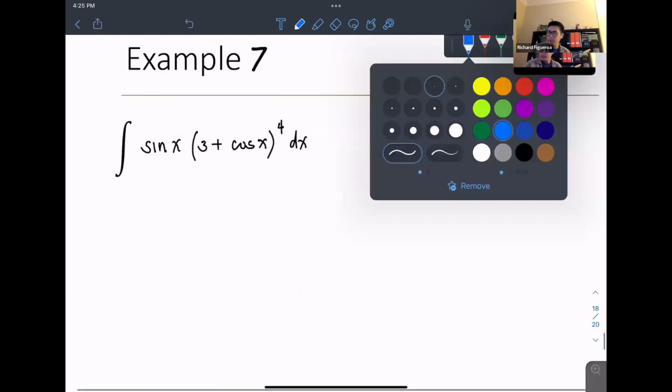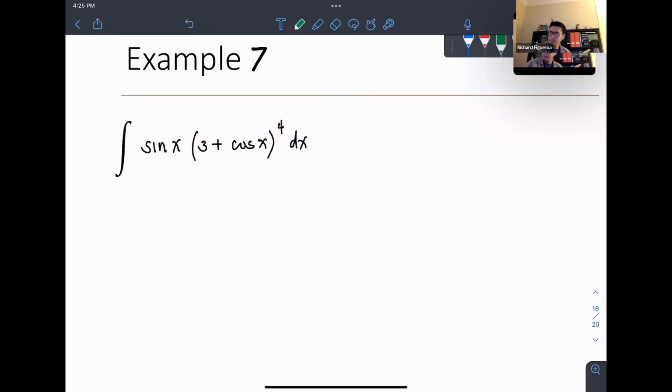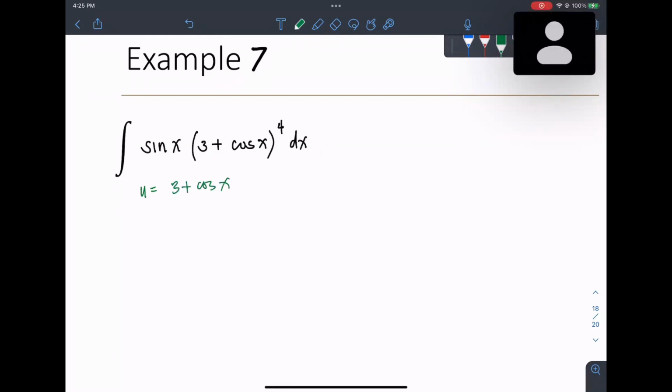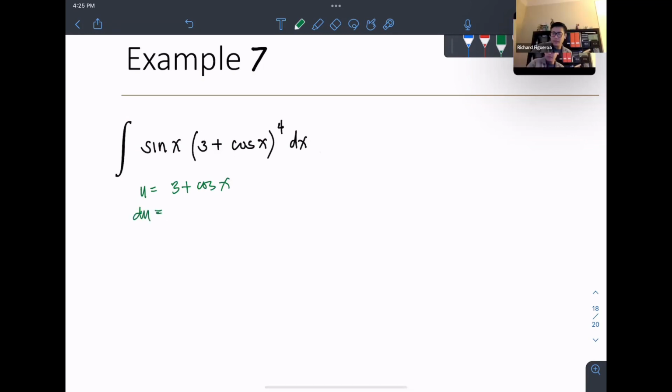Okay, so what will be our u here? So obvious ang u, di ba? So u is, basta yung may exponent. It's the 3 plus cosine x. Okay. So du niya, so what's the derivative of this?